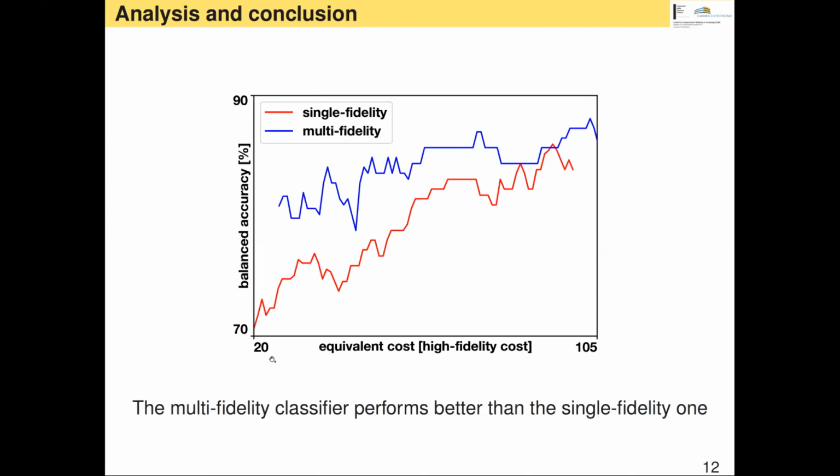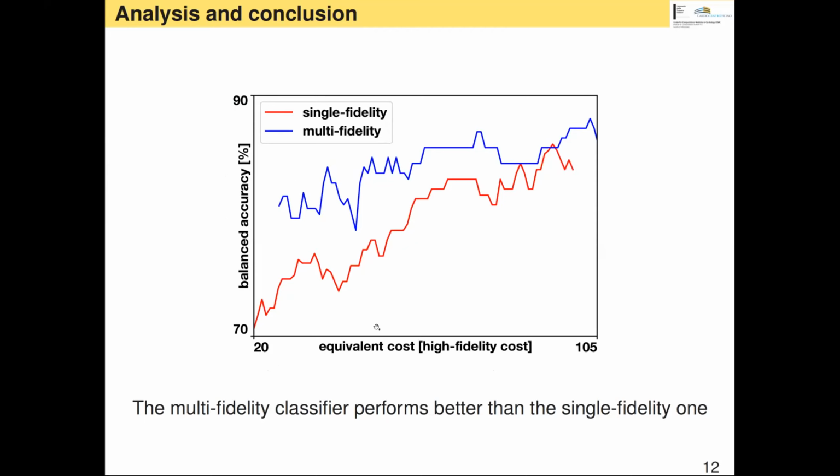The number of high fidelity training points ranged from 20 to 100 for both classifiers. But in addition, the multi-fidelity classifier also exploits 100 low-fidelity training points.